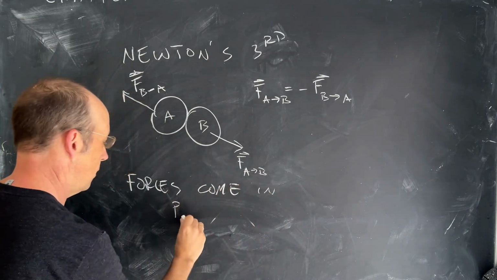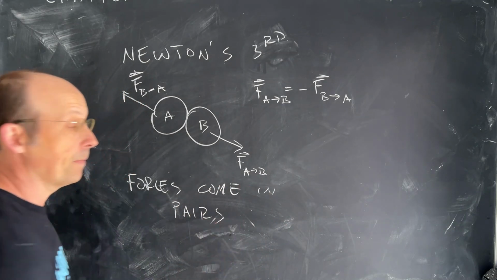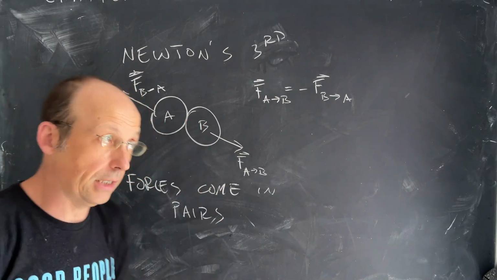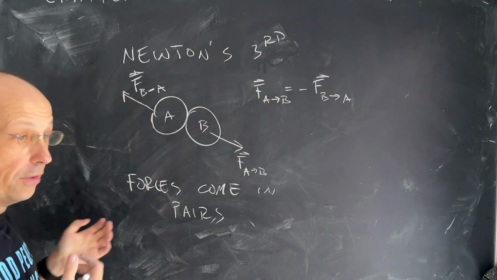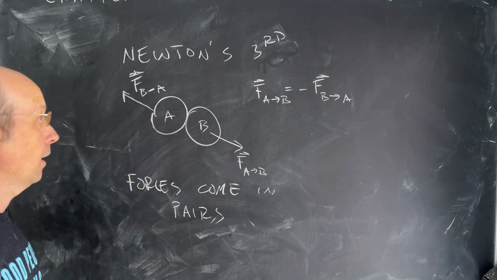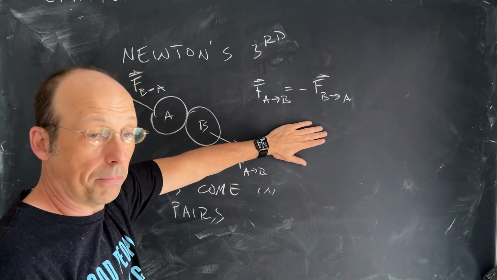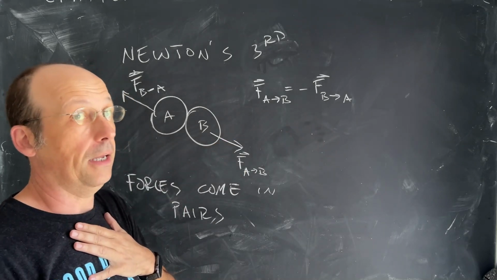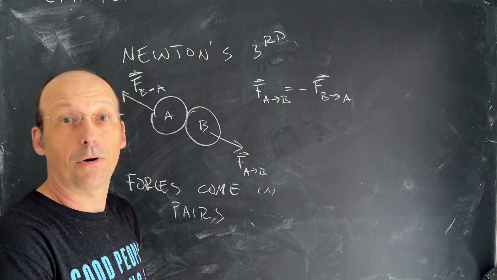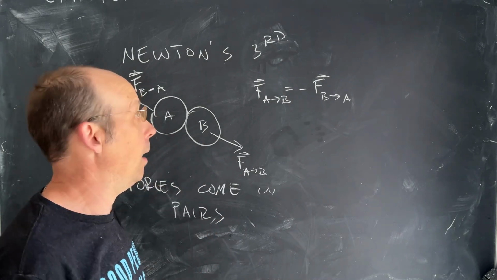Or you could say forces are always an interaction between two objects. There has to be two objects for there to be a force, and those objects interact. If I push on the board, the board pushes back on me. If the earth pulls down on me, I pull up on the earth. Equal and opposite forces.